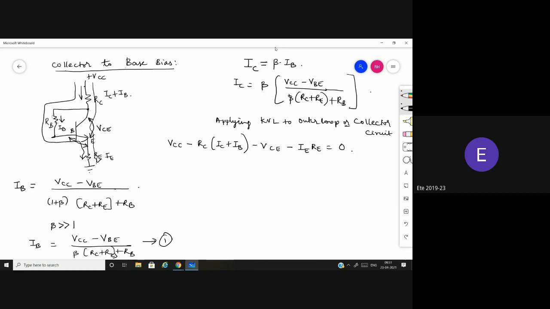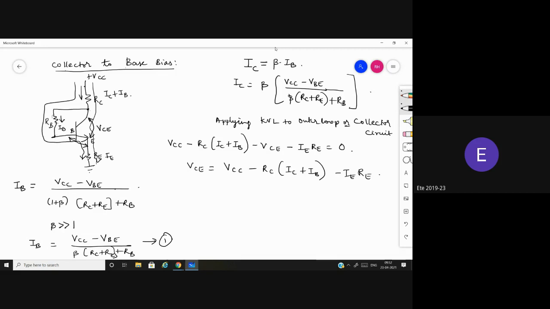So we need equation for VCE. So VCE is equal to VCC minus RC into IC plus IB minus IE RE. So this is the required equation for VCE.